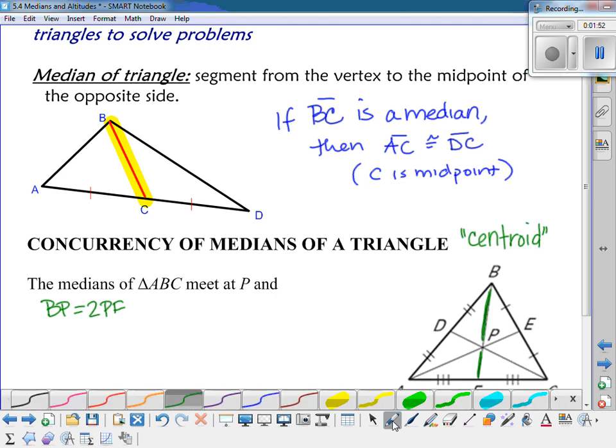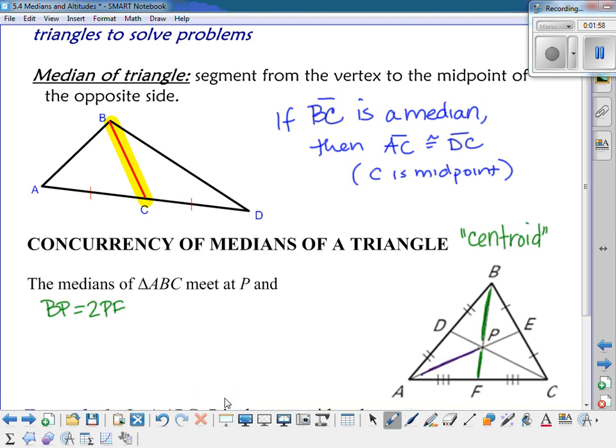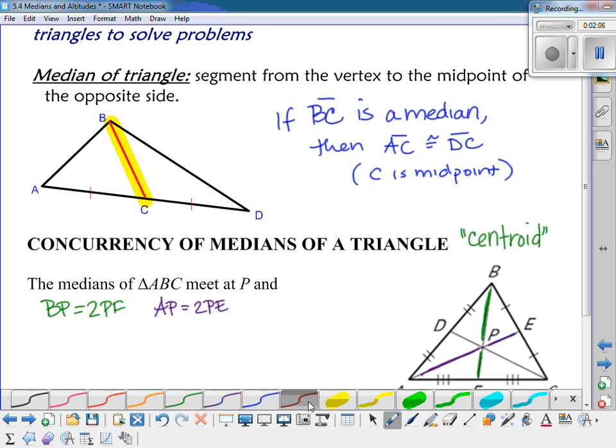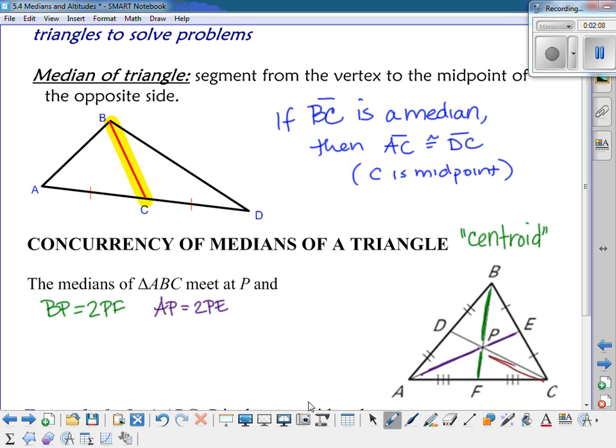And then the same is true for the other ones also. If I look at AP here, it's going to be twice as long as PE. And CP is twice as long as DP.